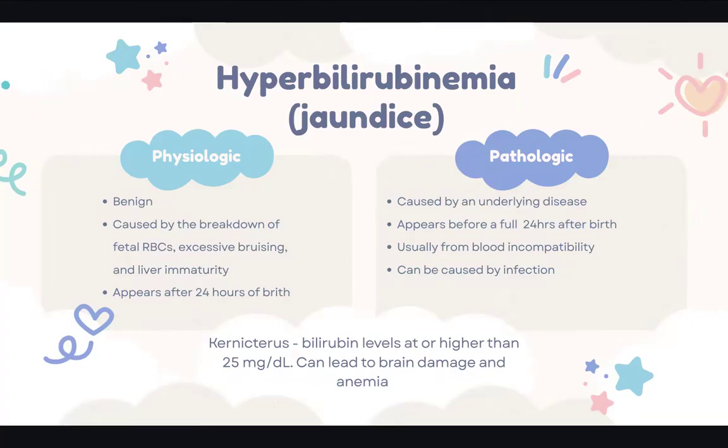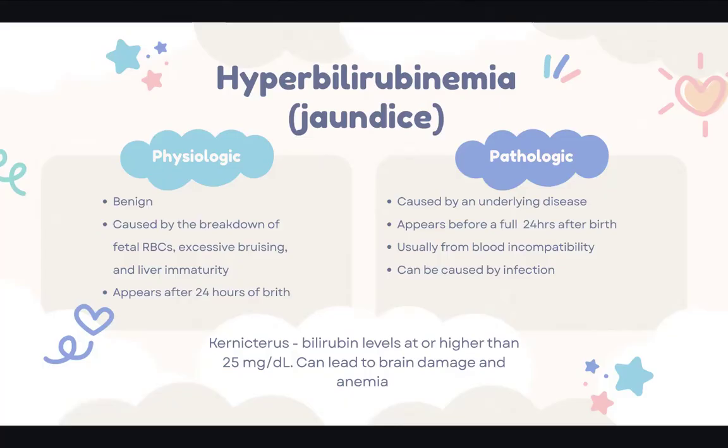All right, hyperbilirubinemia. This is going to be a few slides. Just at the beginning, I want you guys to remember that we create bilirubin in our body due to the breakdown of red blood cells. Make sure that you guys know that that is how bilirubin is created. So we see bilirubin often in babies, especially if it's a physiologic issue, because they are having a difficult time conjugating their bilirubin.